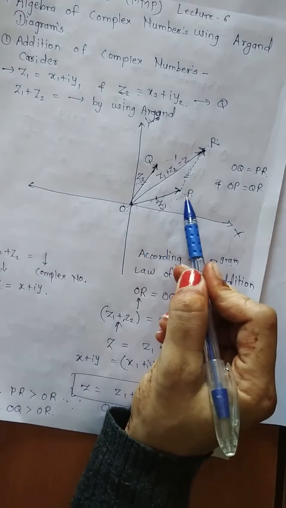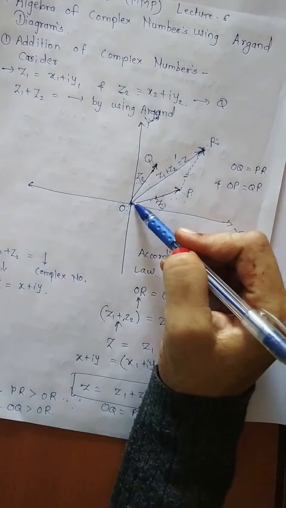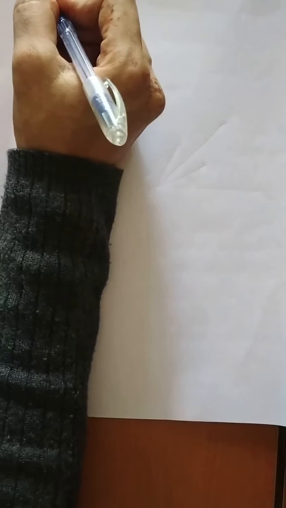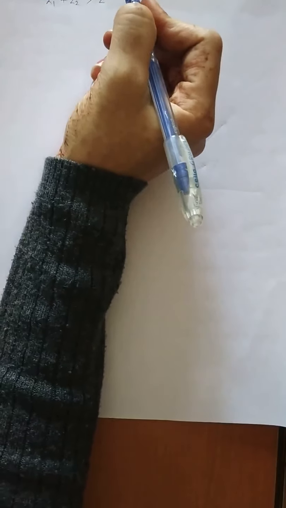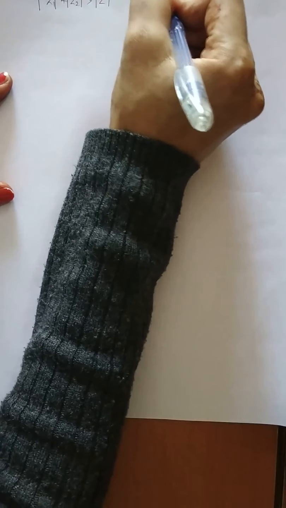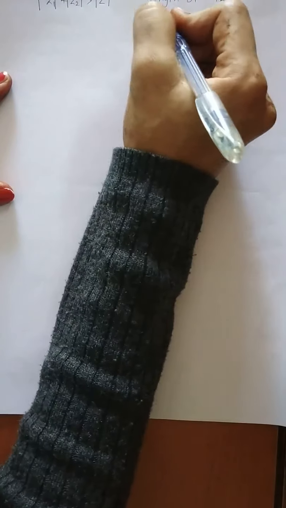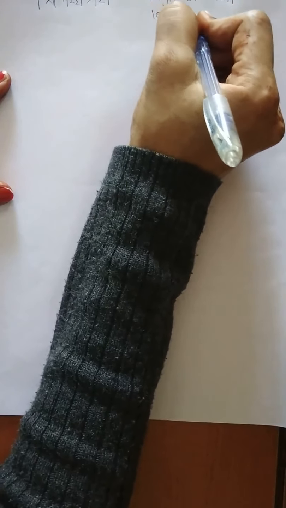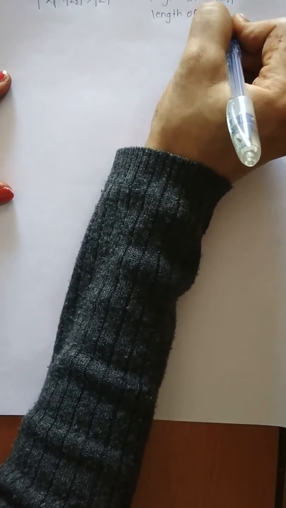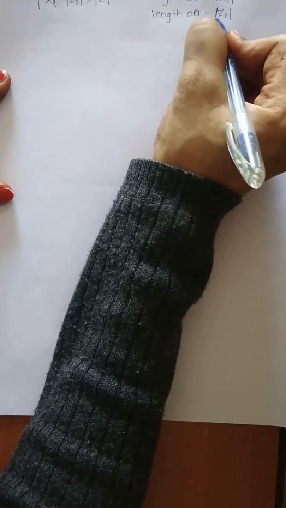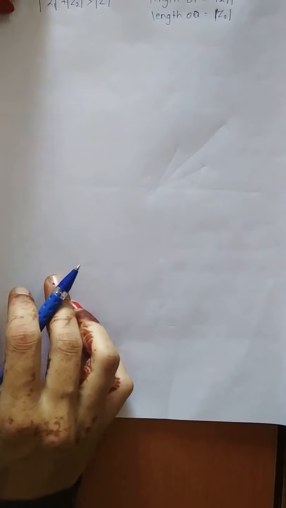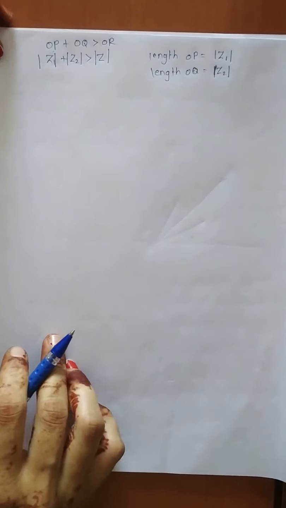From this diagram, OP is Z1, OQ is Z2 and OR is Z. So I can write modulus of Z1 plus modulus of Z2 will be greater than modulus of Z, because length OP is nothing but mod Z1, and length OQ is nothing but mod Z2. Length is given by calculating the modulus, because the modulus gives us the magnitude of the complex number.